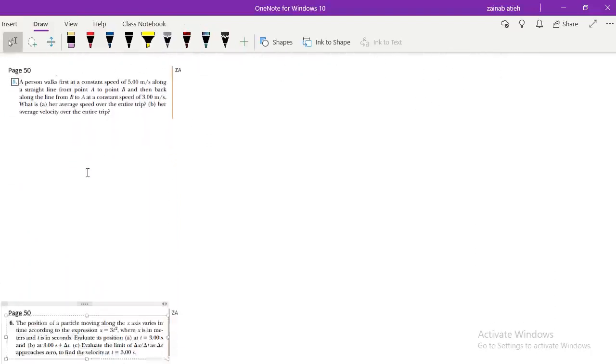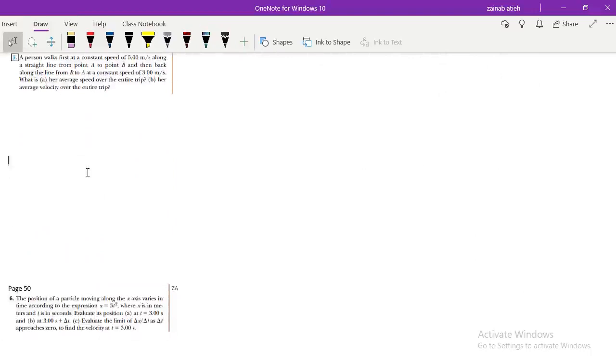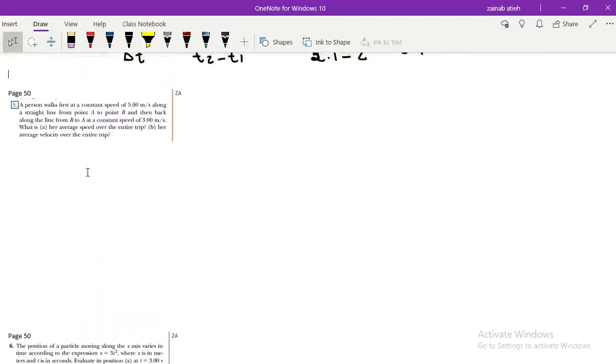This problem 5 says, in page 50, a person walks first at a constant speed of 5 meters per second along a straight line from a point A to a point B, and then back along the line from B to A at a constant speed of 3 meters per second.